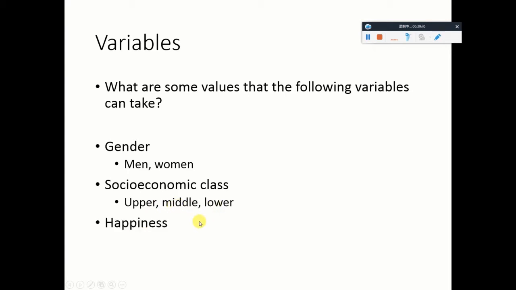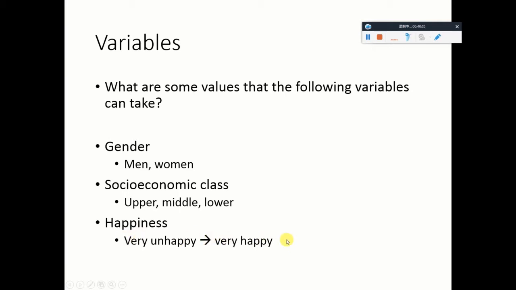What about happiness? What are some values that this variable can take? Again, there are many ways to assign values to this variable. We can say a person is very unhappy, to slightly unhappy, to a little bit unhappy, to neutral, and then to slightly happy, a little bit happy, and very happy.